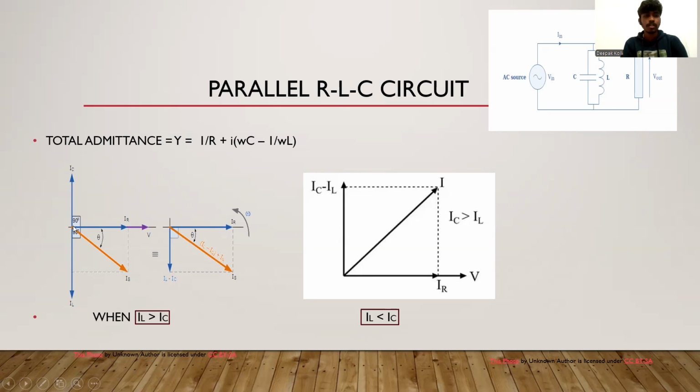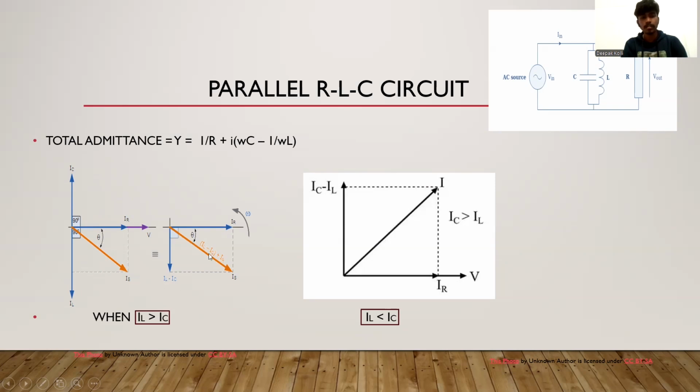Here the current is not the same for all components, so we indicate the current on the y-axis. In the first case, the inductive current is greater than the capacitive current, so on the y-axis we get IL minus IC, since IL is greater than IC.